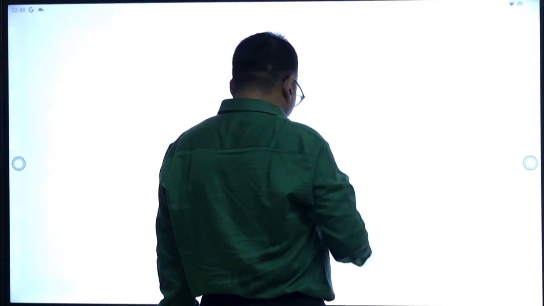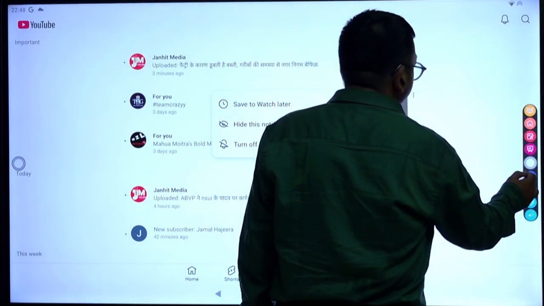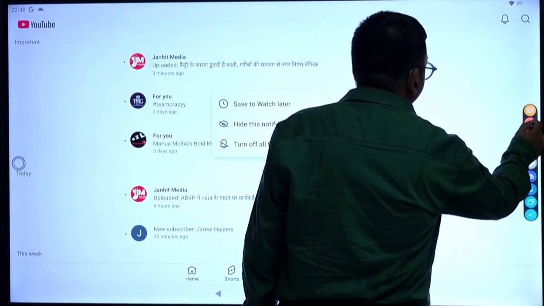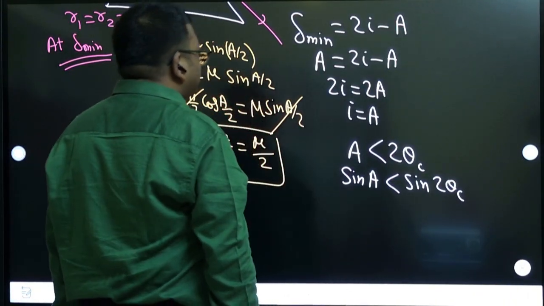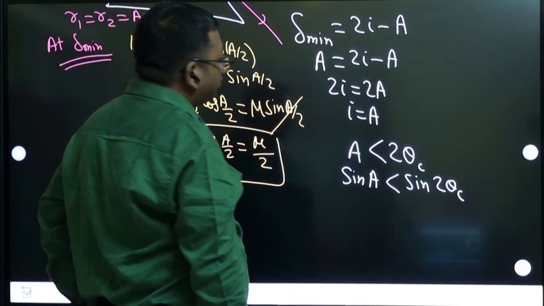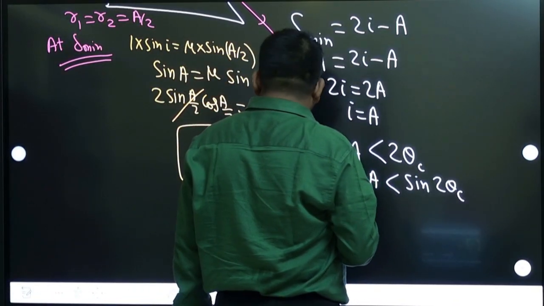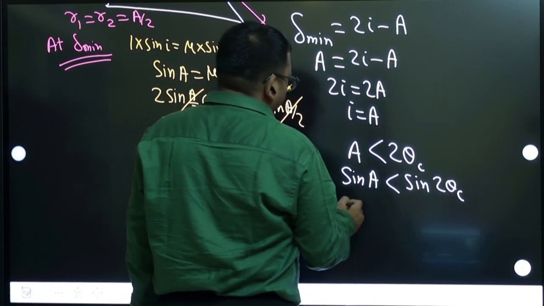So sine of A is less than sine of 2 times the critical angle.